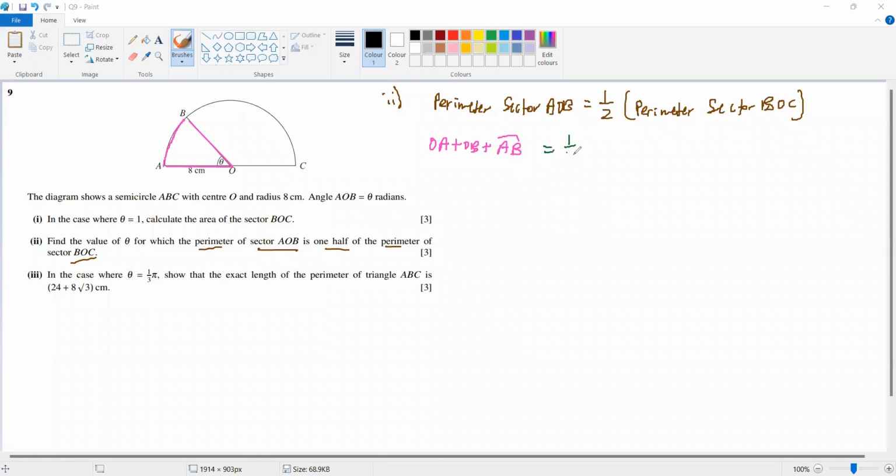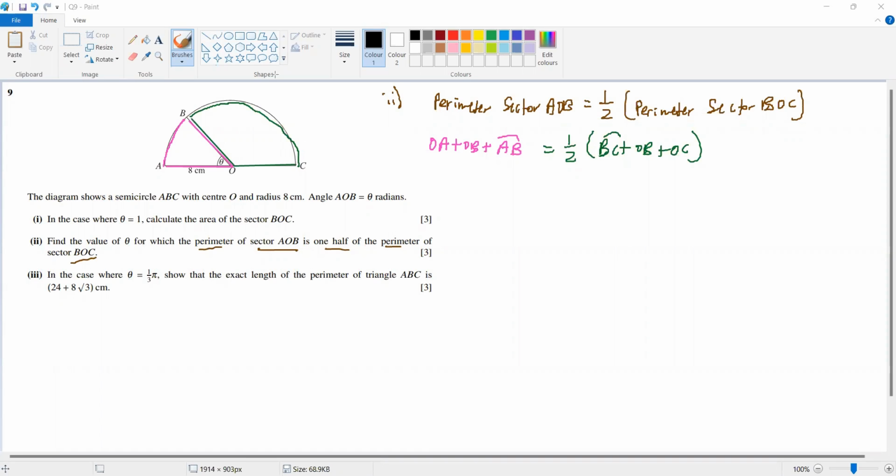So this side is going to be half of the perimeter of sector BOC, which is made up of this part, BC with an arc, and then OB and OC. Because these are straight lines, and now it is a curved line.